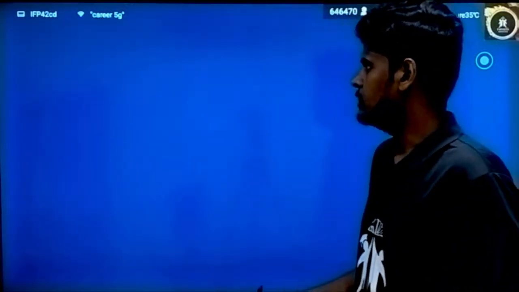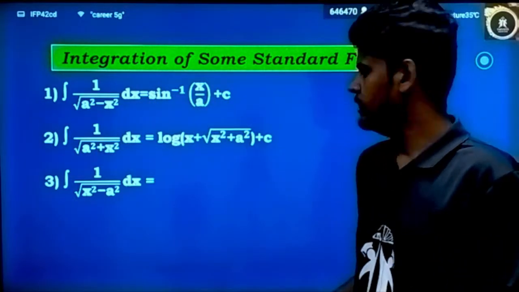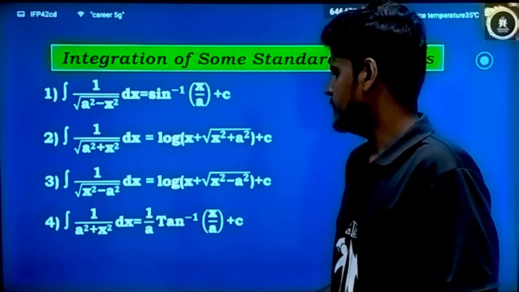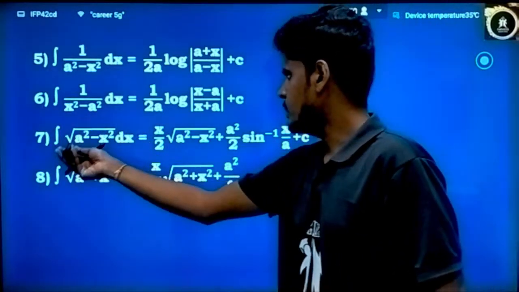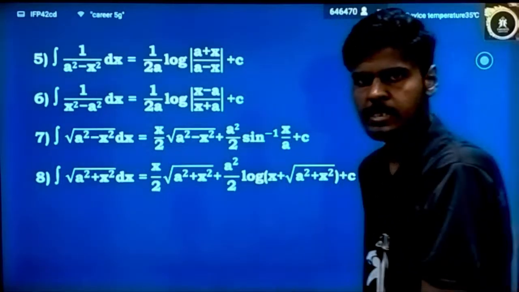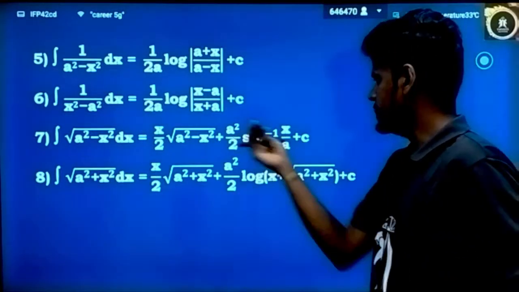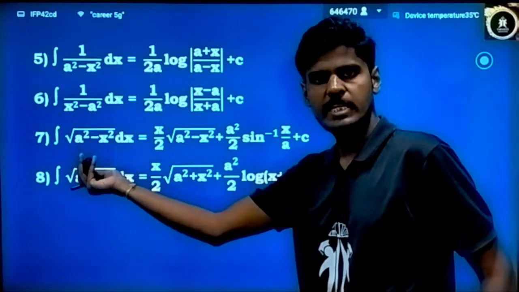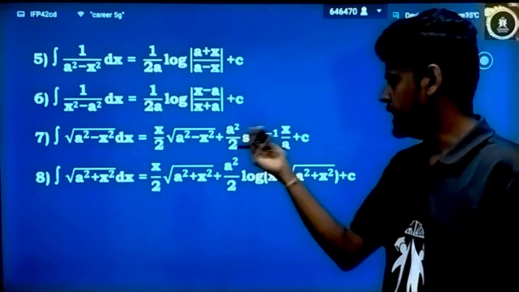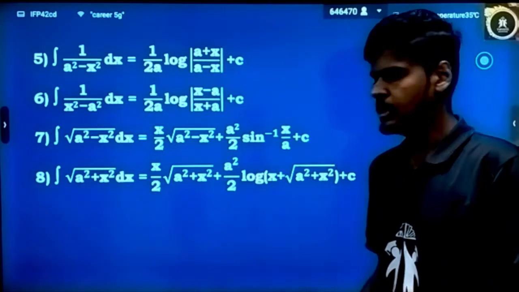The formula for 1 by square root of a square minus x square is sin inverse x by a. So square root of a square minus x square will be x by 2, write this part as it is, plus a square by 2 sin inverse of x by a. When this term is in the denominator, you will get that, so write that. The same condition applies for the remaining formulas also.